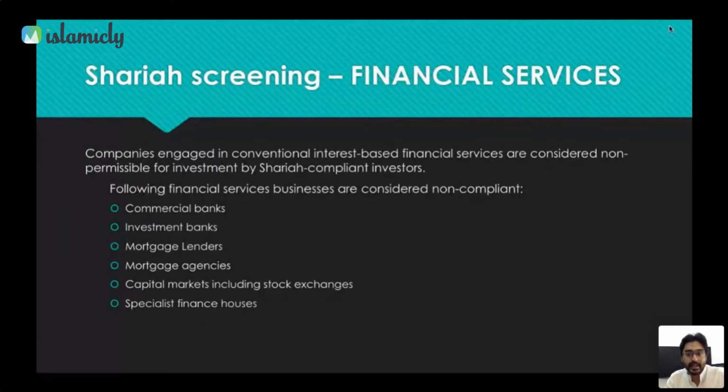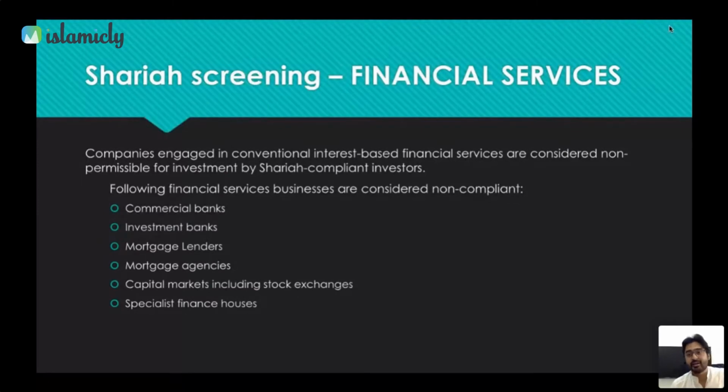Let's move on. The second criteria that is considered non-permissible revenue is conventional financial services. That is, companies engaged in conventional interest-based financial services are considered non-permissible for investment by Shariah compliant investors. This is pretty obvious.